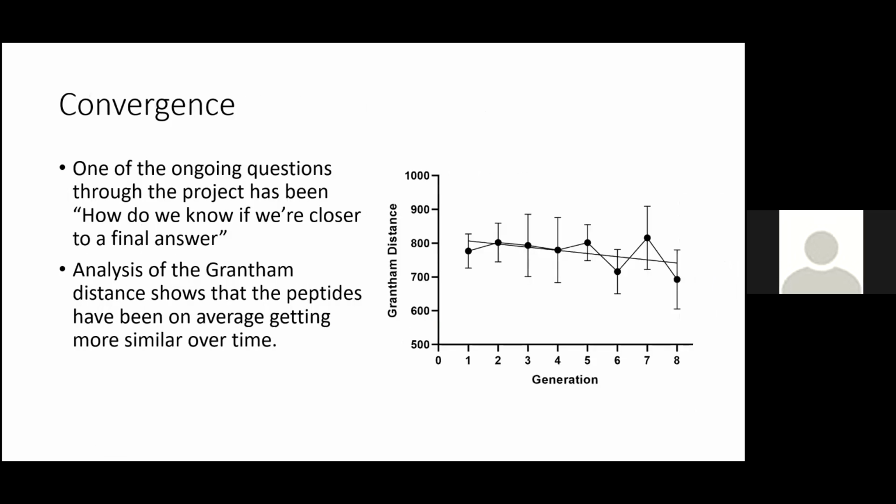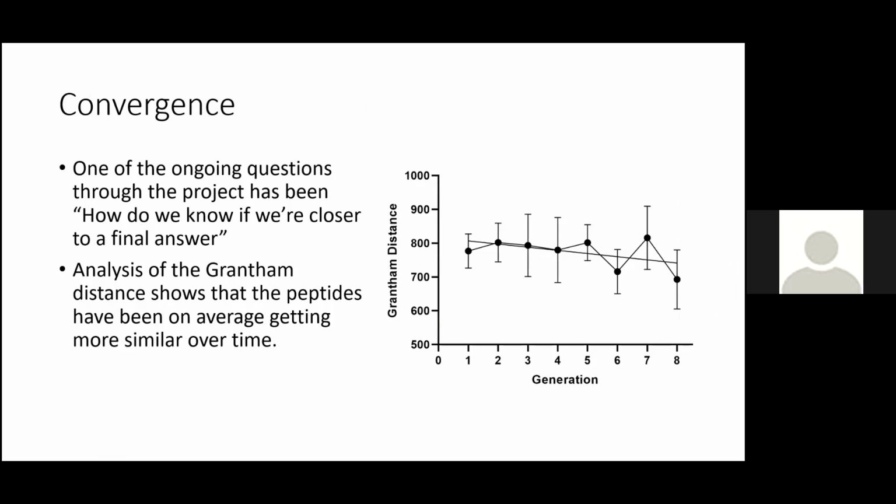The last thing I wanted to look at with these experiments involving POET generating cis peptides is how do we know when we're getting close to a final answer? How do we know when we're getting closer to that global maximum? To look at this, I examined the results that we're putting out.